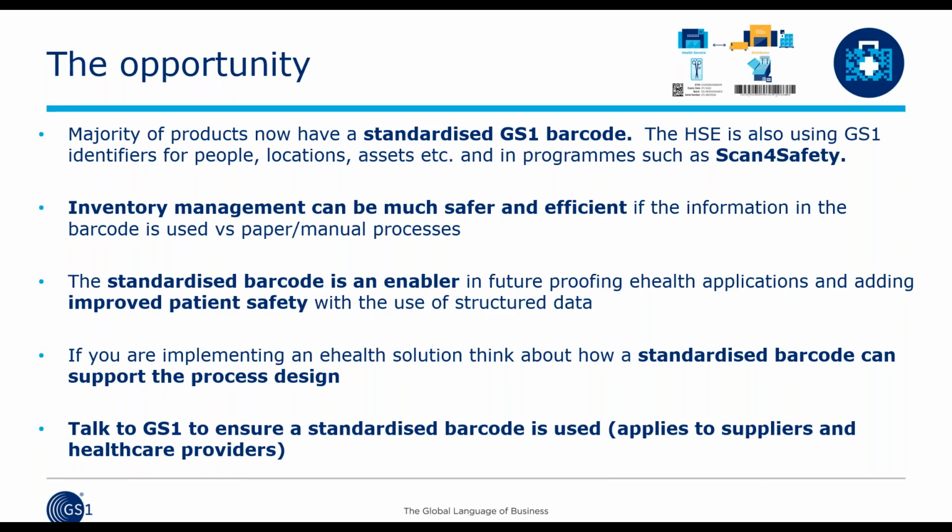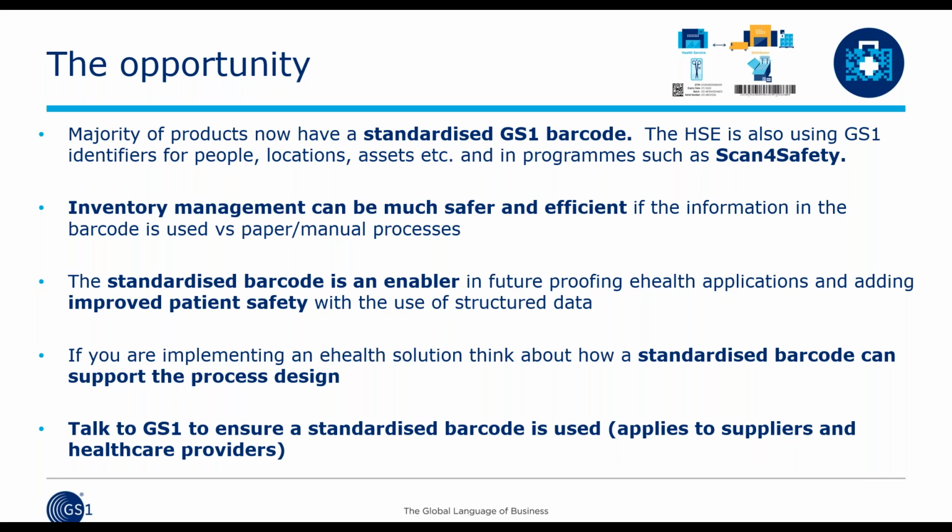So I suppose then the opportunities, there are many, and if we go to the next slide. I suppose we've covered the typical pieces of information that you can see in a barcode. The majority of products now have a standardized GS1 barcode, and through a lot of the work that we've been doing with the HSE, the HSE is also using GS1 identifiers for people, locations, assets, and in programs such as Scan for Safety, both here in Ireland and in the UK and other parts of the world.